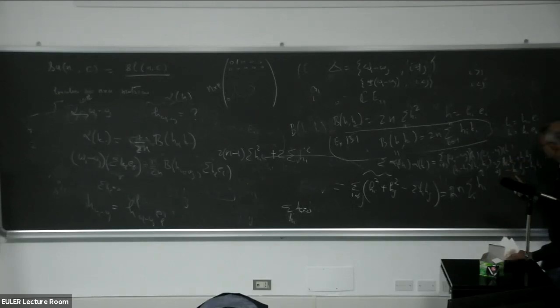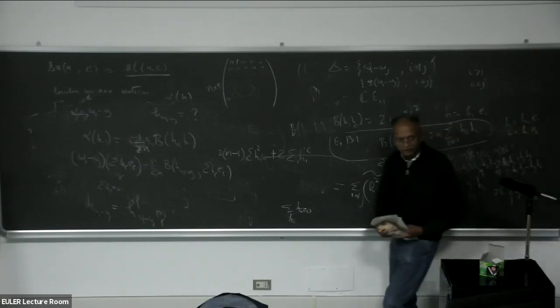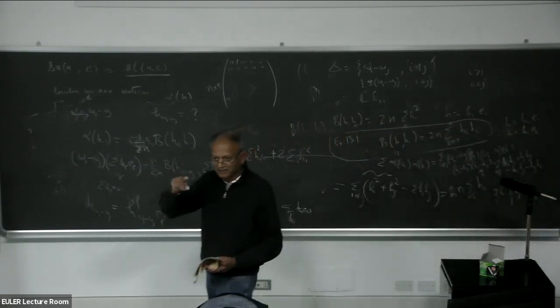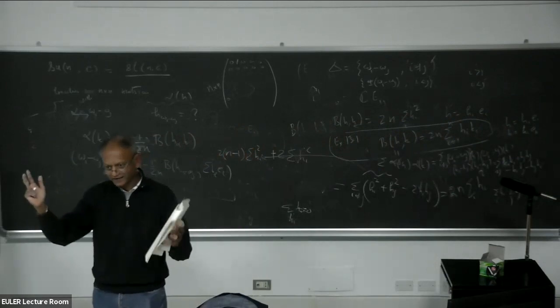And you have to again use the same thing, that this is traceless. So there's a condition that the sum over H_I times the sum over K_J is equal to 0. Like before we used the condition that H is traceless, or the sum over H_I whole square is 0.